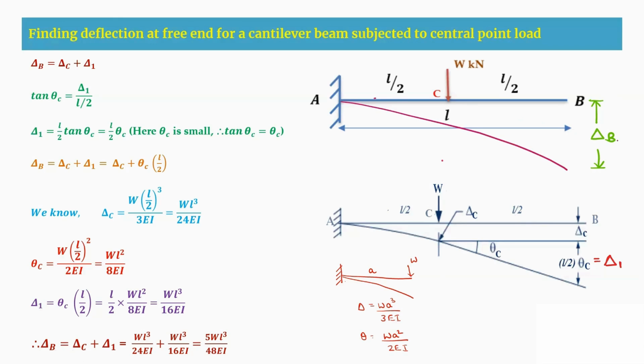This is the deflection at the free end when you have a point load at the center. I am directly using this formula, 5WL cube by 48EI.